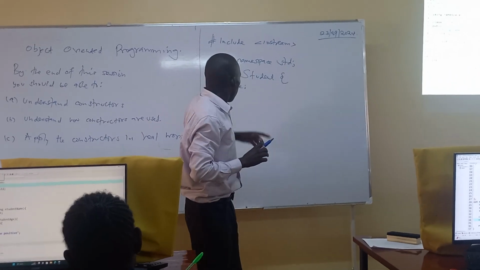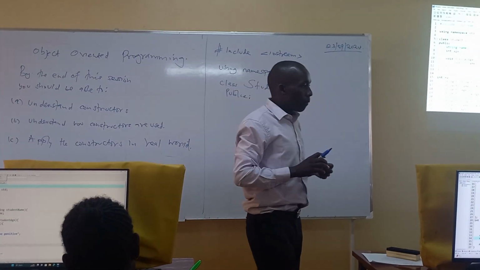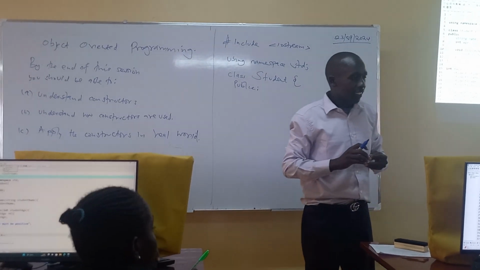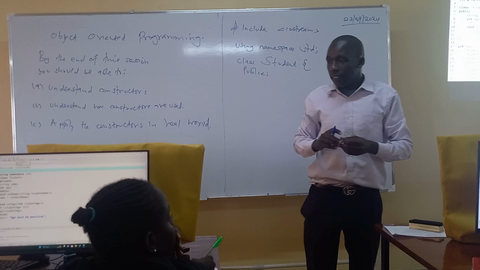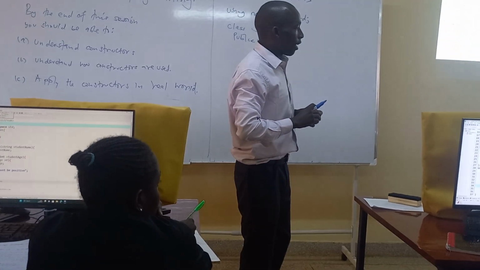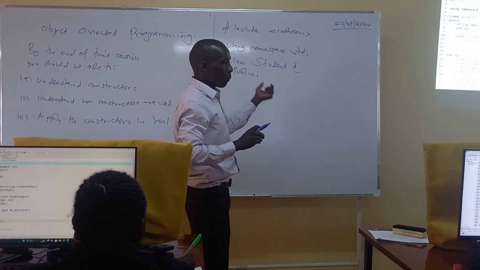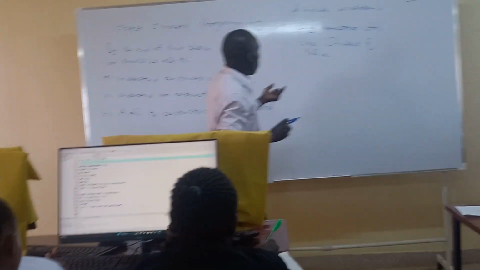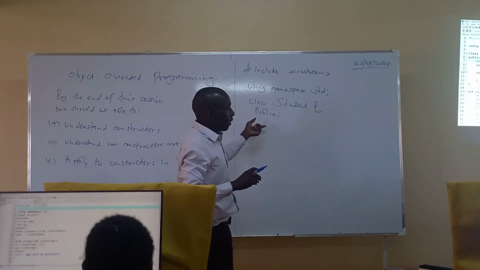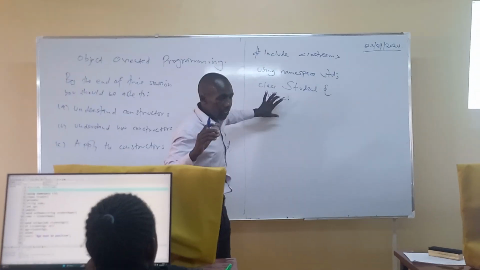Why are we putting it public? Raise your hand. In the previous sessions, we agreed that we have three access modifiers: public, private, and protected. So the public access modifier allows other classes outside this class to access this data.